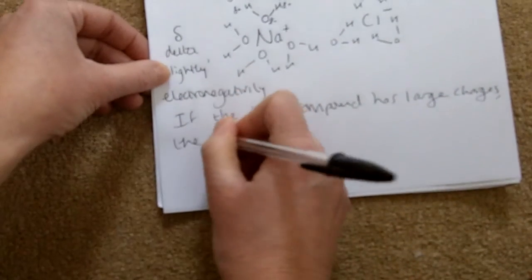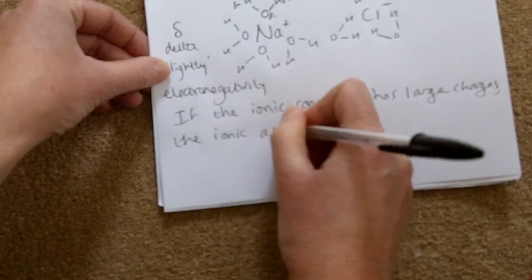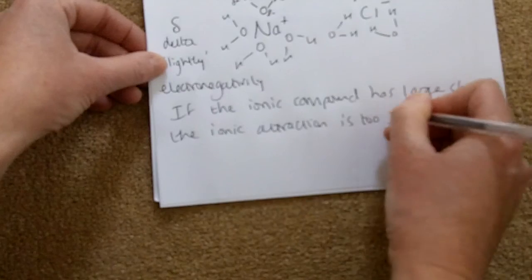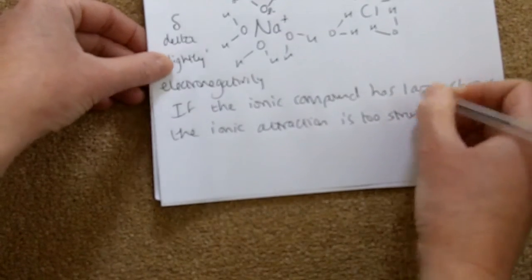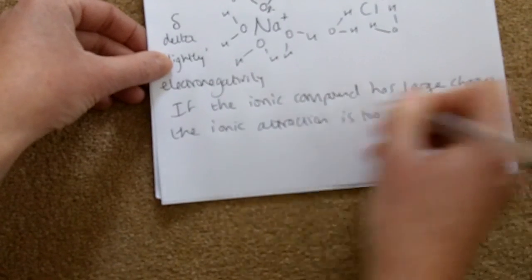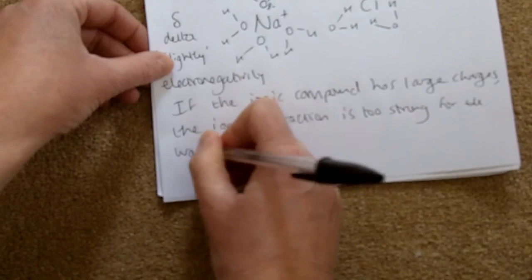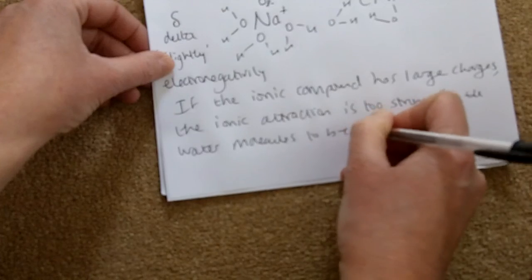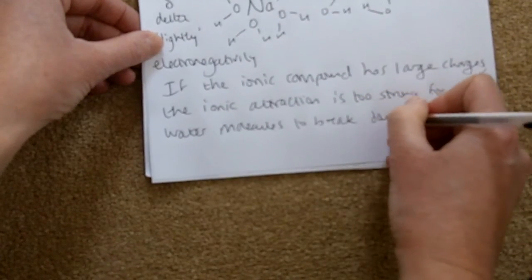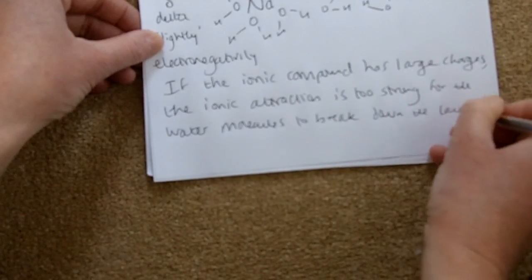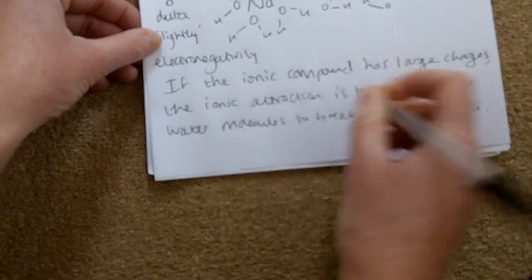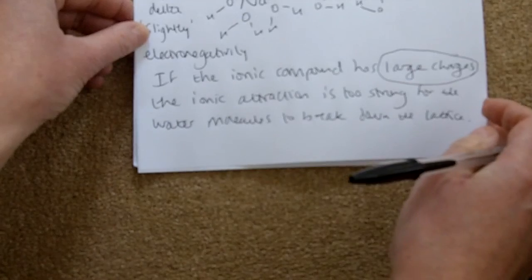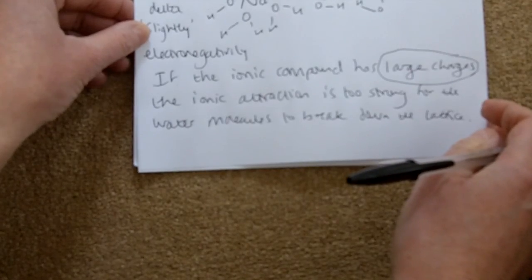The ionic attraction is too strong for the water molecules to break down the lattice. So it's not soluble. An ionic compound with large charges is not as soluble.